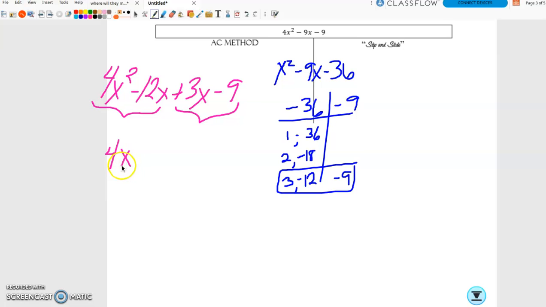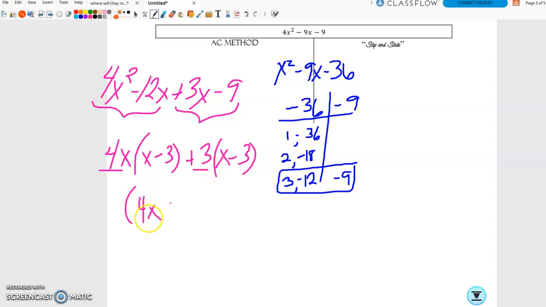You can take out an x, which leaves you with x minus 3 inside the parentheses. For the second set, you have 3x minus 9. You can take out a positive 3, which leaves you with x minus 3 inside the parentheses. And then your last step when you're using AC method, whatever's outside the parentheses goes together, and then you write down the other factor.